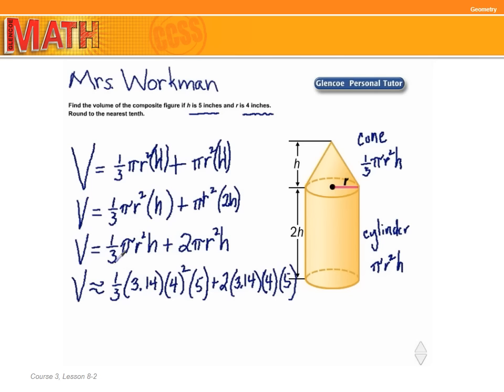So I've just gone straight across and made the appropriate substitutions. This is r squared h.